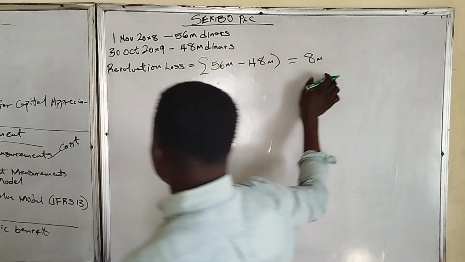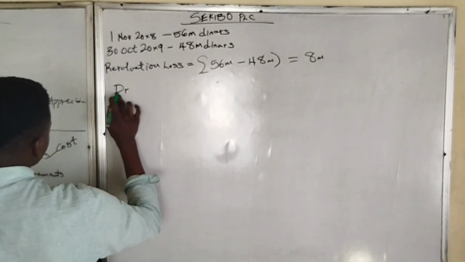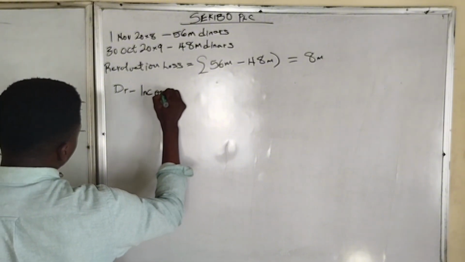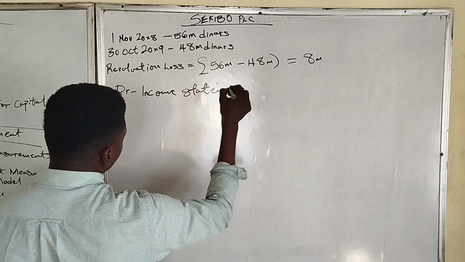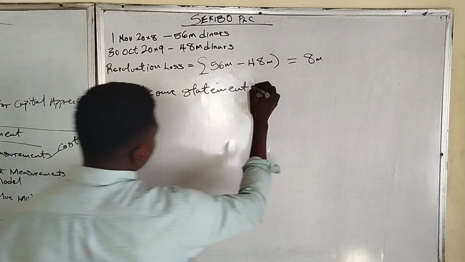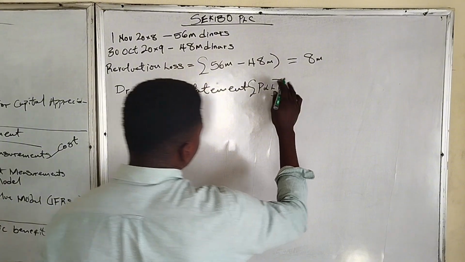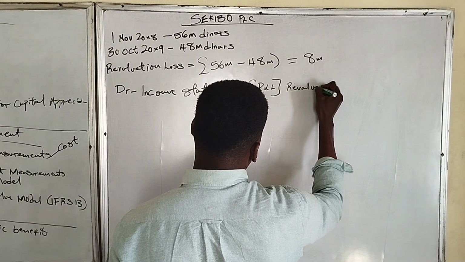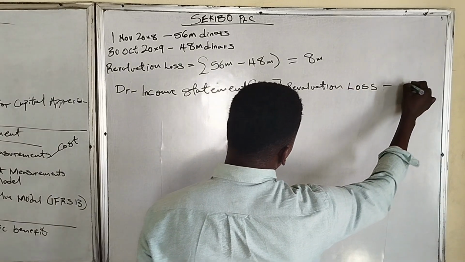So to pass this entry, we are going to debit the income statement, which is P or L, with revaluation loss of 8 million.